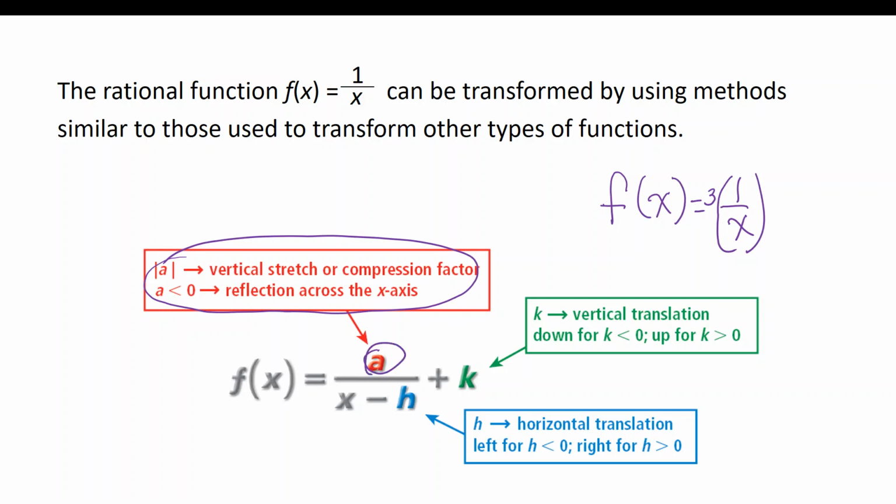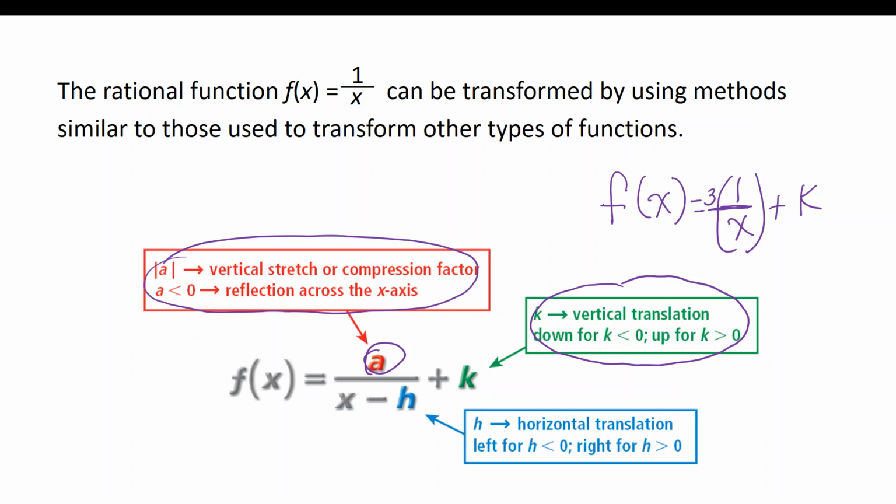So this a tells us whether it's a stretch or a compression. It's just a number that's multiplied by the parent function, but it goes right over here because 1 times anything. And just like before, if we add something to the end, which we're going to call k, it's going to be a vertical translation up or down depending on whether it's positive or negative.